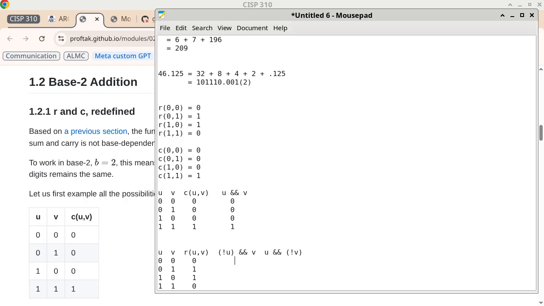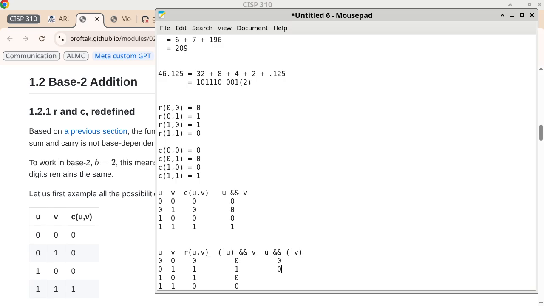All right. So in this case, because v is a 0, that whole thing has to be a 0. And in this case, this is going to be a 1. And in this case, it's going to be a 0. And in this case, it's going to be a 0. And then we work out the fifth column. This is going to be a 0. This is going to be a 0.